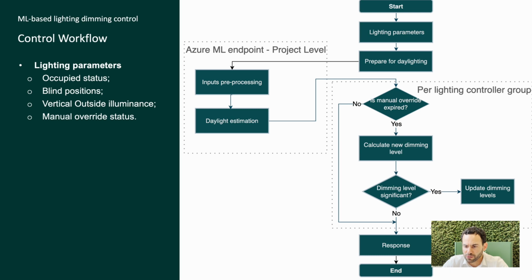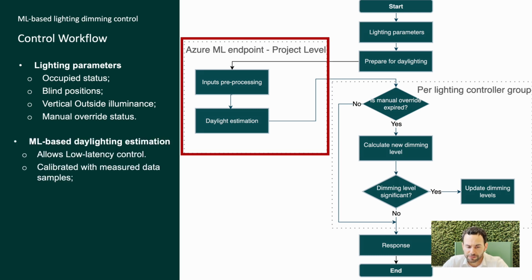Once we have that information, which typically will come from a digital twin, it is then possible to call the Azure machine learning endpoint per project, and pass all the requests for prediction for each of the lighting groups that we want to control.